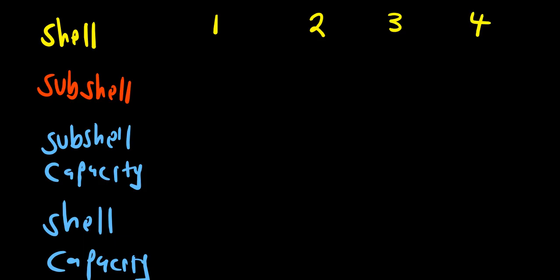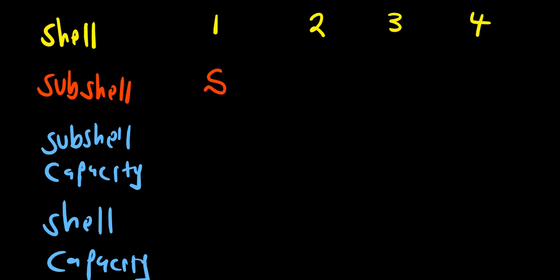Now, you know that the subshells that we have, there's an S subshell, there is a P subshell, there is a D subshell, there is an F subshell. Okay, so now let's talk about these subshells. So in shell number 1, or in the first shell, you only have the S subshell.